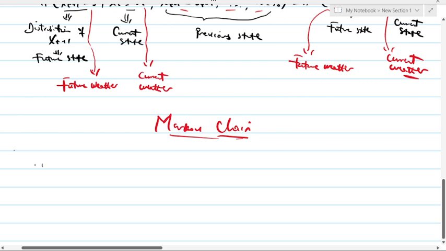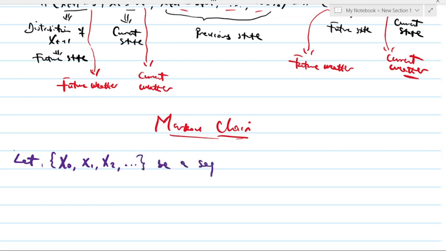Okay, so let's set up our random variables x0, x1, x2, and so on, to be a sequence of discrete random variables.